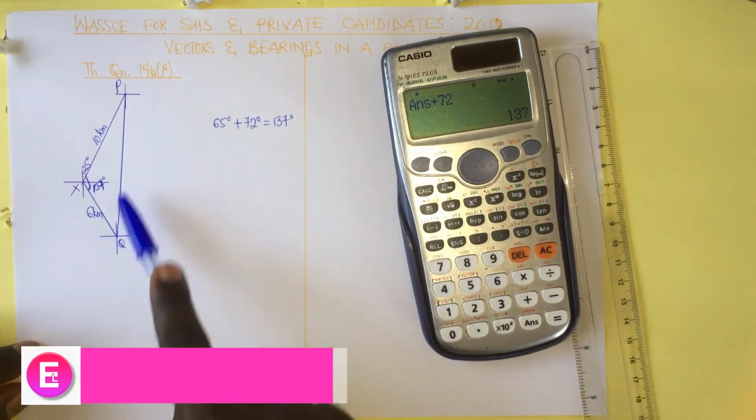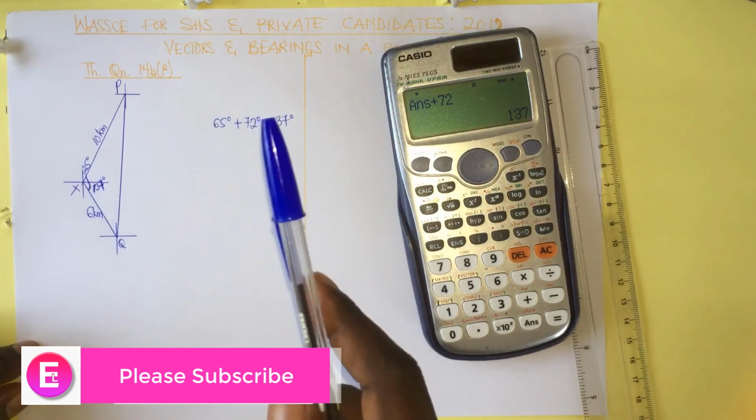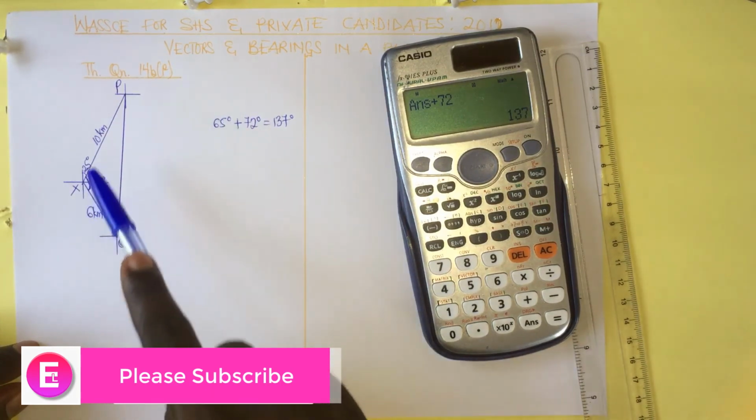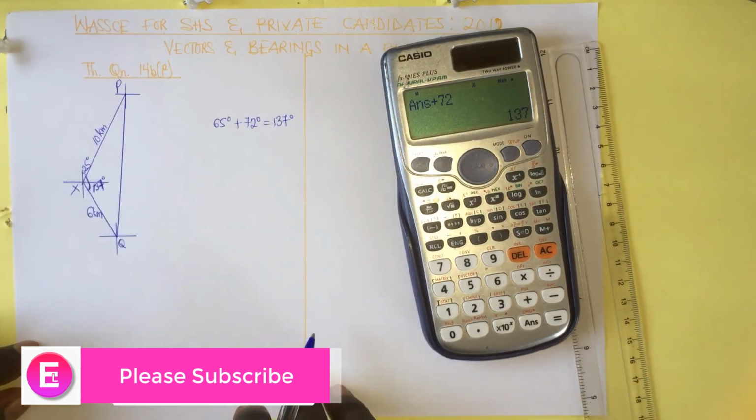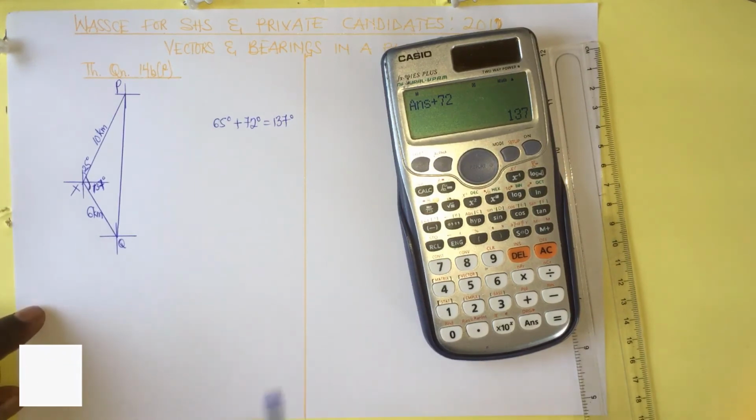We want to find PQ, which is opposite to the angle. Then we know this side and that side. So we can use the cosine rule.